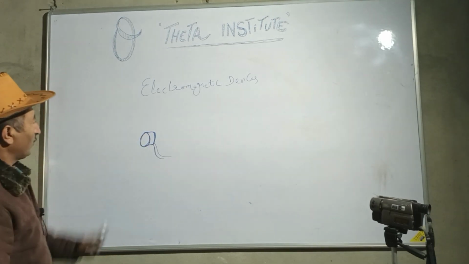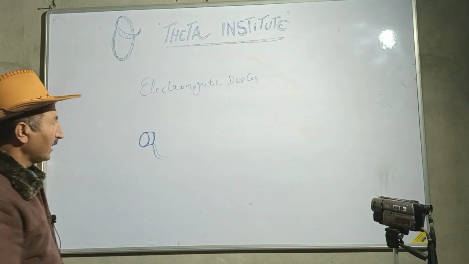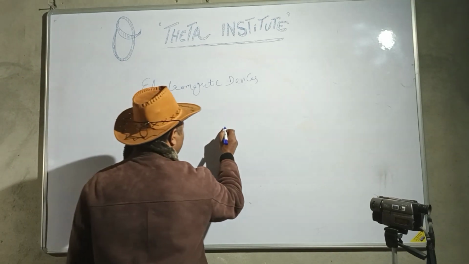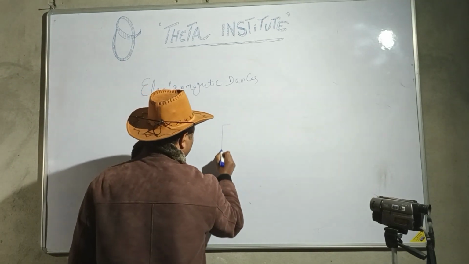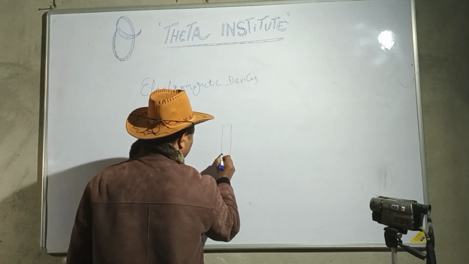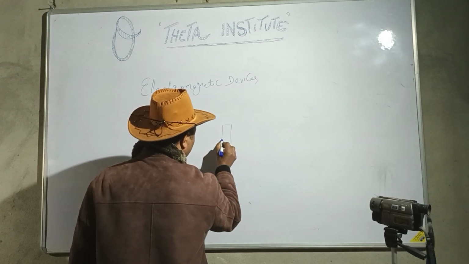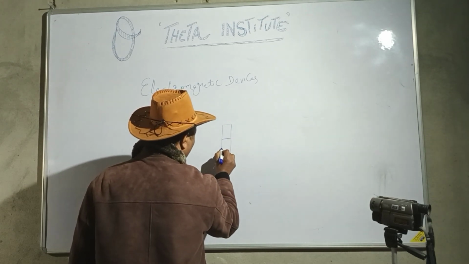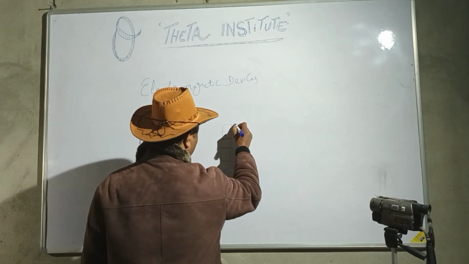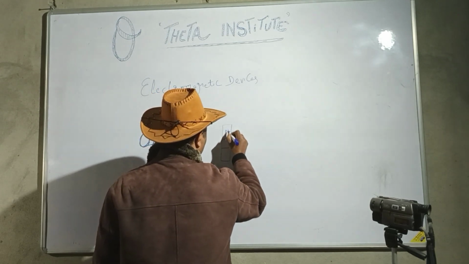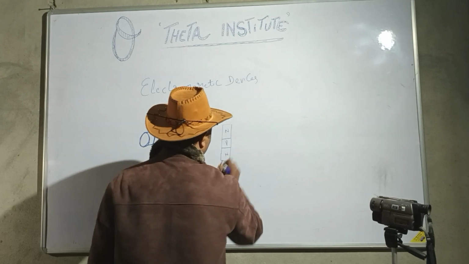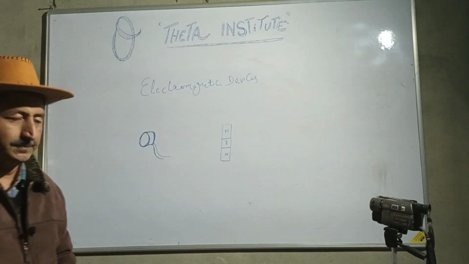We take a microphone, and also we take a PNP junction transistor, or NPN transistor. N, P, and N. This is transistor.